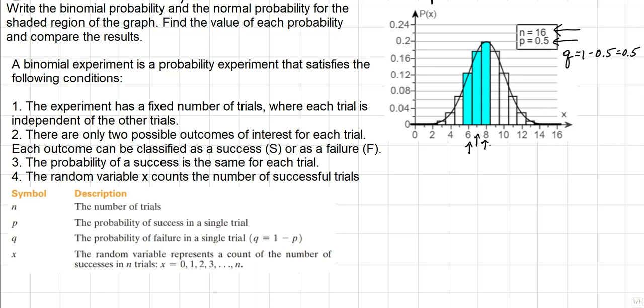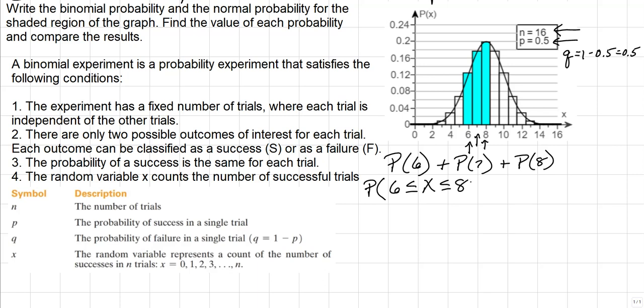So what we're trying to find is the probability of 6 plus the probability of 7 plus the probability of 8. Since the binomial is a discrete experiment, we're simply trying to find the probability of 6 less than or equal to x less than or equal to 8. And then we will use our binomial calculations.